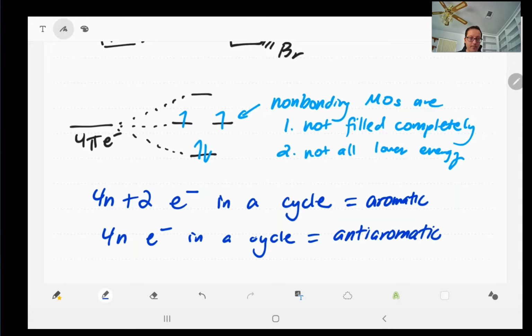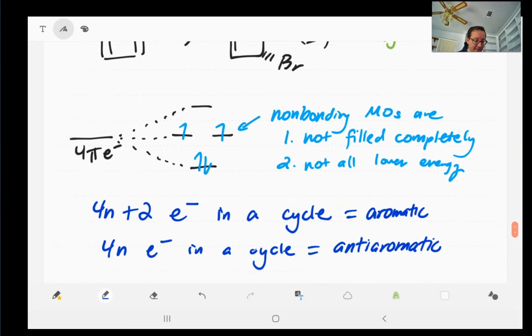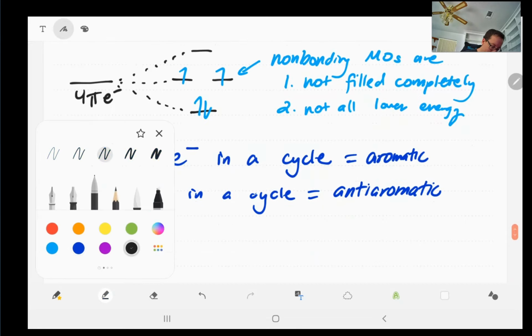So with this, it's in fact unusually unstable. This cyclobutadiene is unstable. And anything that has 4n electrons in its pi system will be anti-aromatic.